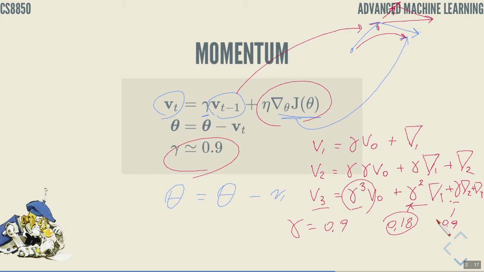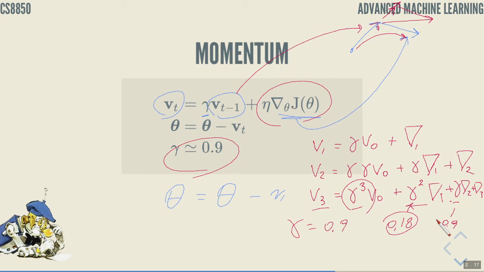By doing that, we are actually emulating inertia and emulating a heavy ball rolling downhill and jumping over or avoiding changing the direction too fast.